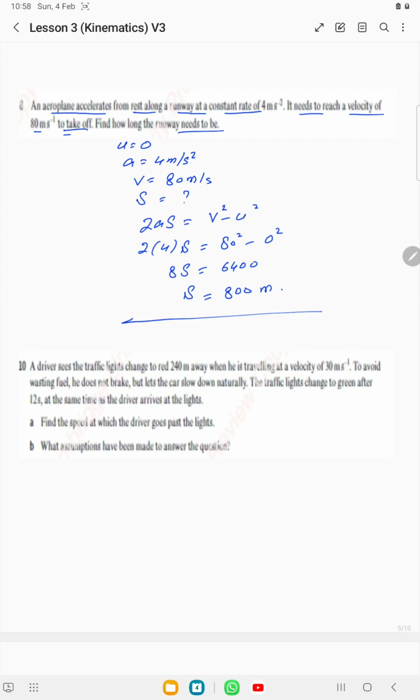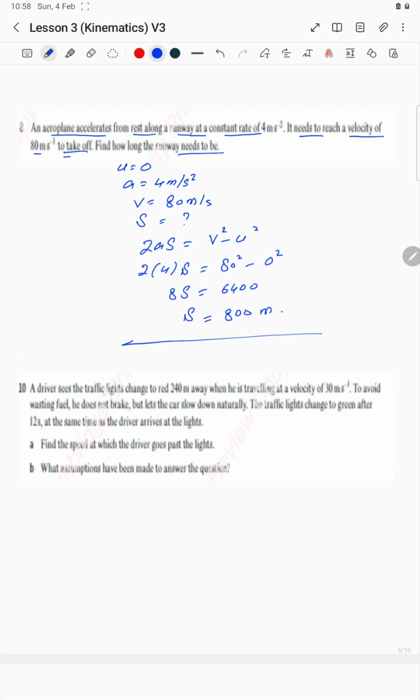Okay guys, here's another question. A driver sees the traffic lights change to red 240 meter away while she is traveling at a velocity of 30 meter per second. It means s is 240 meter, and velocity is 30 meter per second. That is u, the initial velocity she is traveling with.